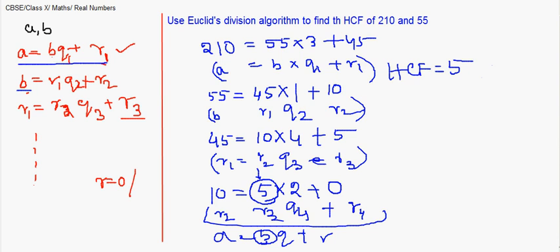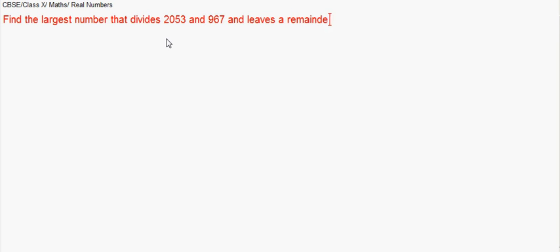Another, let me take up one more question. I'll just write it down first. Find the largest number that divides 2053 and 967 and leaves a remainder of 5 and 7 respectively.